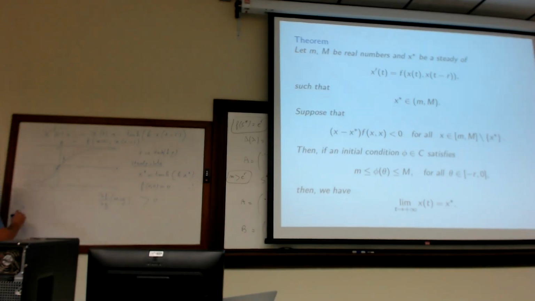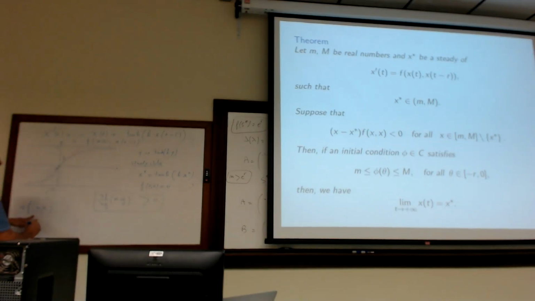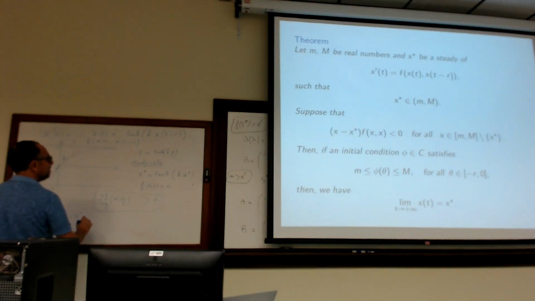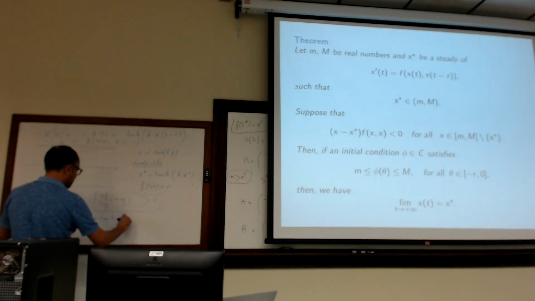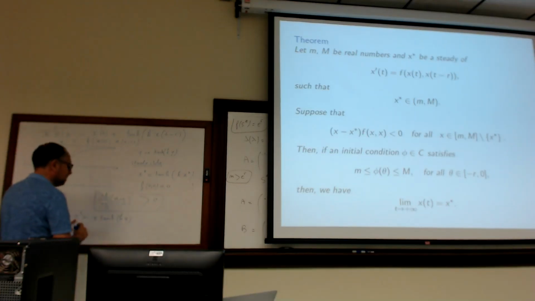We put x, f of x. We have this condition. Then we can try to use it. We calculate this. It's minus x square plus x. Let's take x positive and x negative.